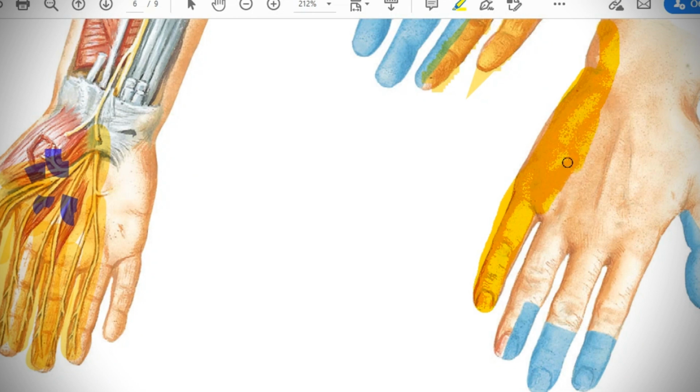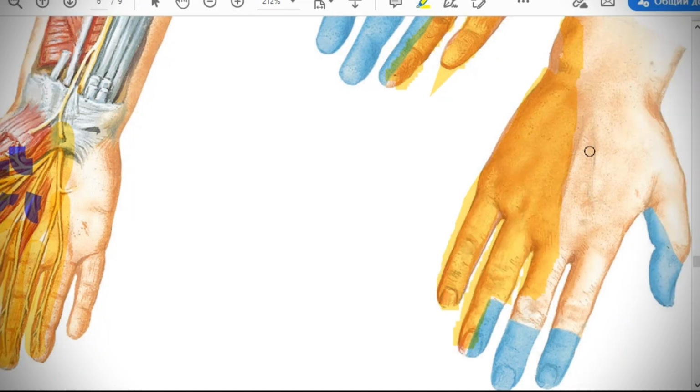The dorsal branch of ulnaris goes there and supplies the whole fifth finger. It supplies the medial aspect of the whole fourth finger, the lateral aspect of the proximal phalanx of the fourth finger, and even the medial aspect of the proximal phalanx of the third finger. And we have one more nerve that supplies the hand. It's nervus radialis, not all of it, exactly the superficial branch.